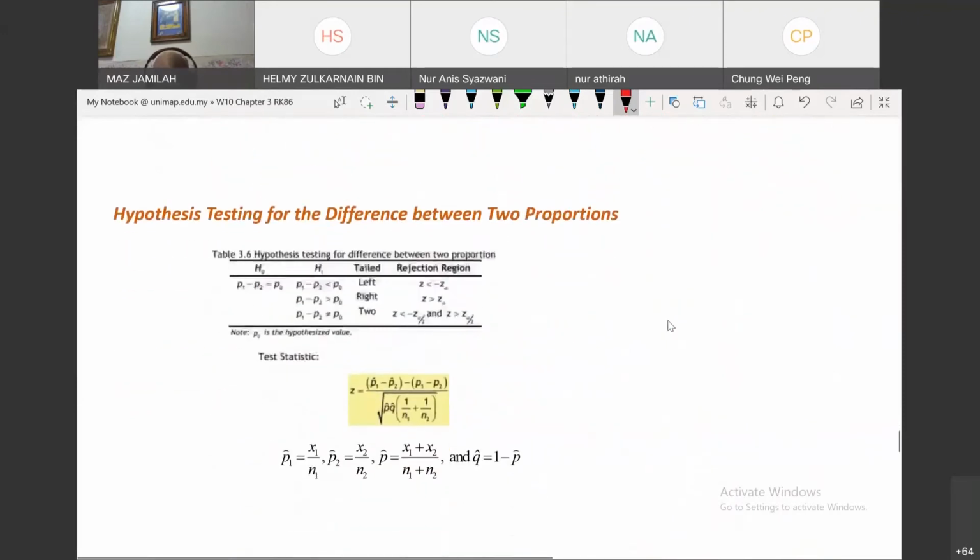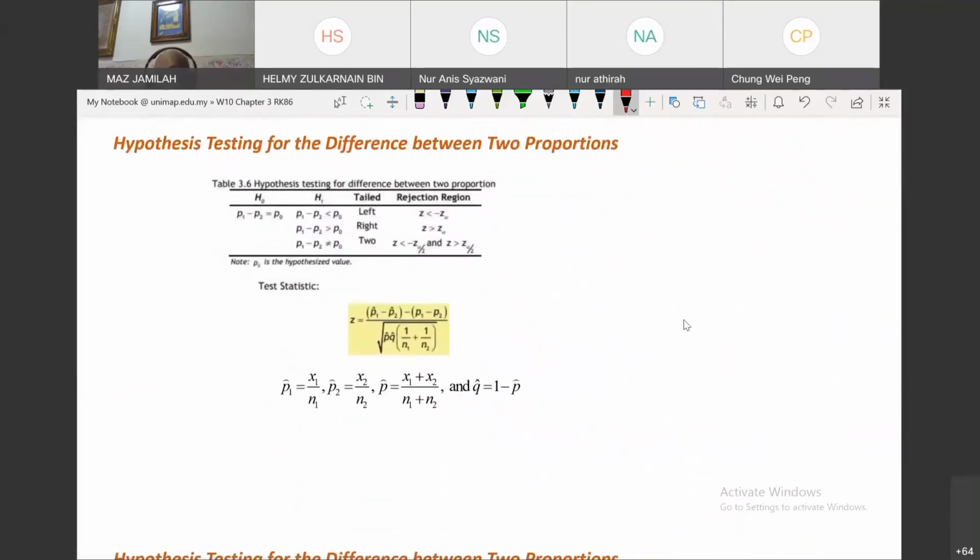Then we go to the last part, hypothesis testing for the difference between two population proportions. For this part, it is exactly the same except that the statements of your null and alternative will be referring to the difference between the first and second population proportion.